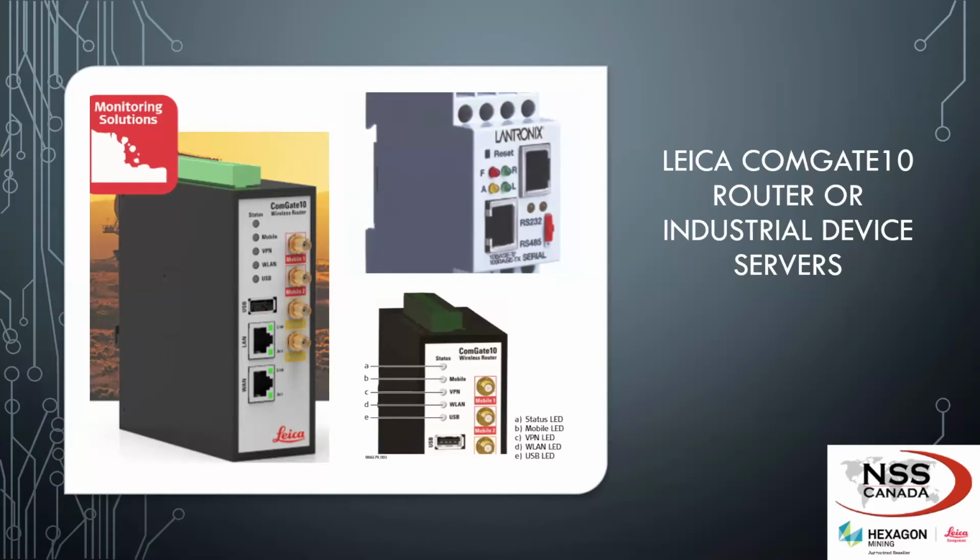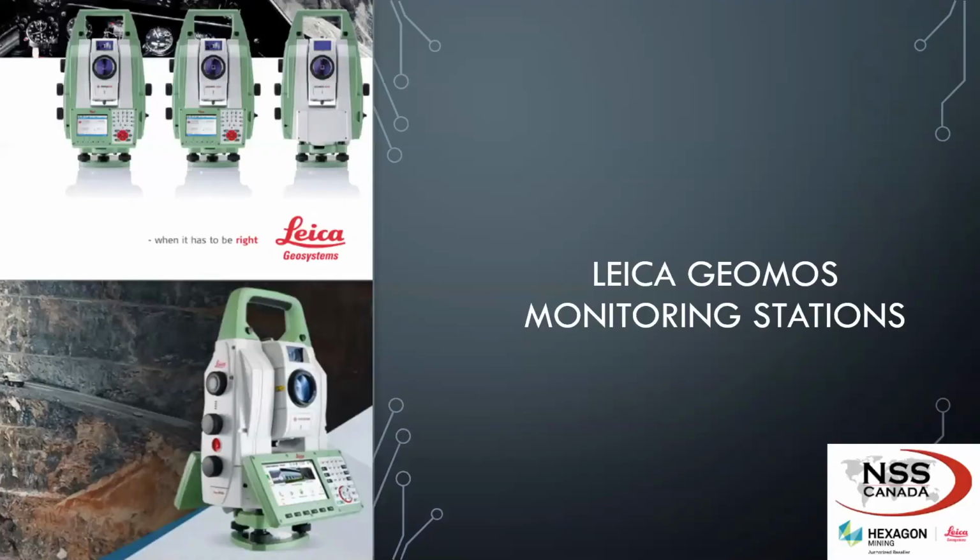Leica CommGate 10 and 20 routers can either be configured with a direct Ethernet connection or mobile connection via an internet provider SIM card, such as Bell, Rogers, Telus, etc. You can also connect an industrial device server, such as the Lantronix Express device server, which basically is a CommGate box, different brand. It has a configurable serial interface and direct Ethernet connection as well.